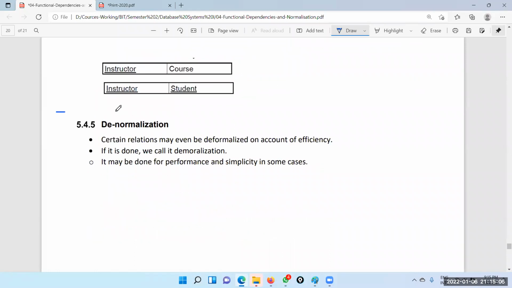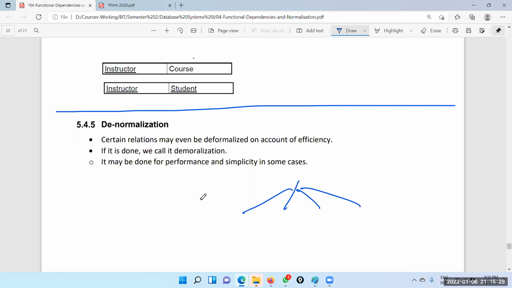Right, now we are moving to our final topic, denormalization. Don't think too much about BCNF. They have never asked about BCNF. They have only asked about 1NF, 2NF, 3NF, okay? And denormalization. What is denormalization? That is the opposite of normalization. In normalization, we try to break tables for better integrity. In denormalization, we try to take these broken tables, the two parts of the same table, and combine them again to make a bigger table.